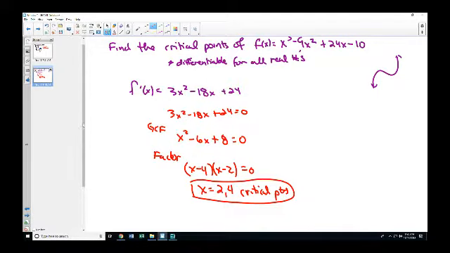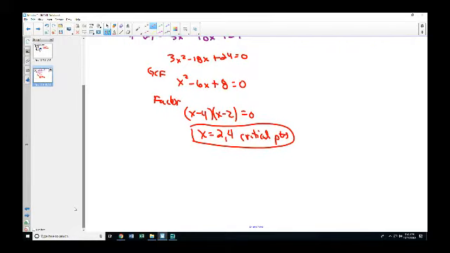So, okay, if you look, remember what the graph looks like? Do we have any absolute min-max? No, because these go on forever in both directions, right? So, all we're looking at is a local min and max. Okay. But have you answered the question? Find the critical points? Yeah, you did. Okay. So, if that's all you're asked to do, you're good. Okay. Know your algebra. That's a good thing.